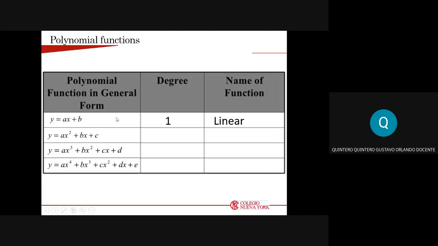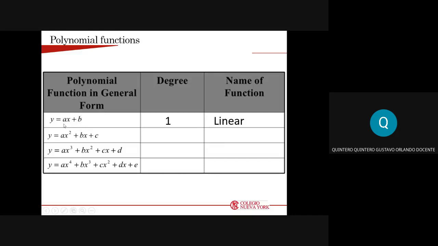Why do we know this is a linear function? Because of the form of the expression. We don't know it as a and b; we know it as m for the slope and c for the intercept: y equals mx plus c. But it doesn't really matter, this is just numbers.